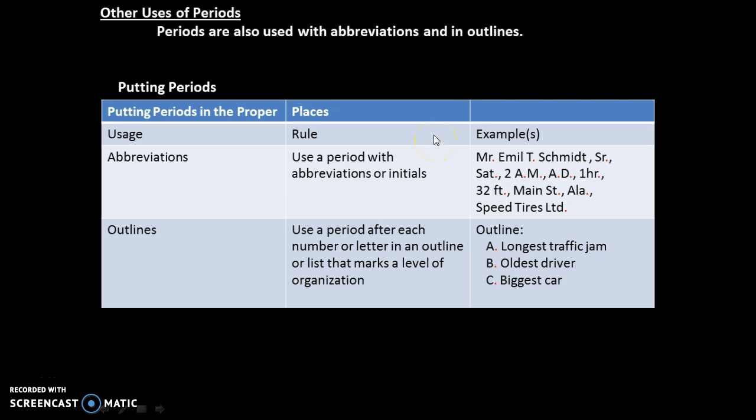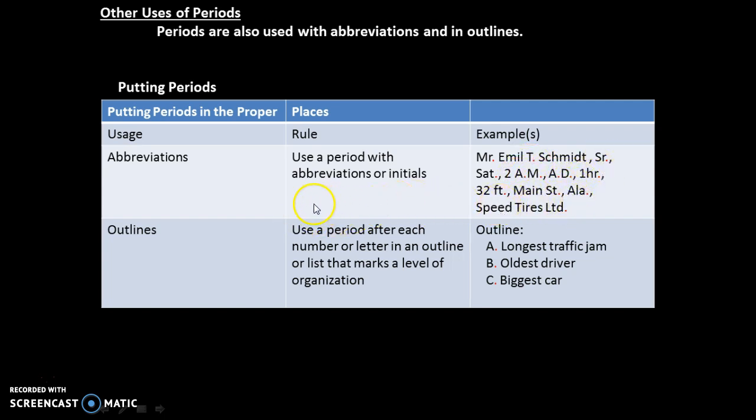So here are the spots where people tend to mess up with periods. The first is with abbreviations. And it's not so much the general rule, which is if you have an abbreviation or initial, you put a period after it, as demonstrated here.